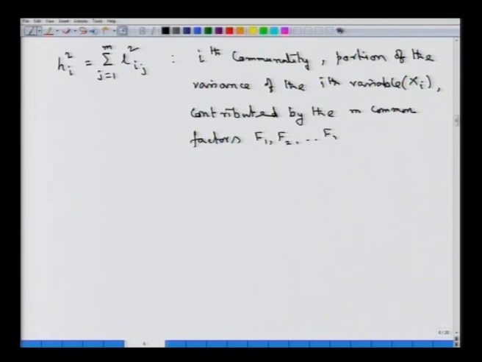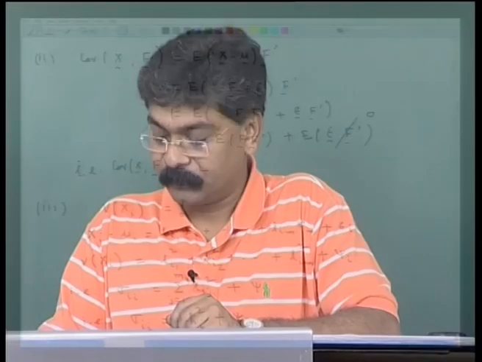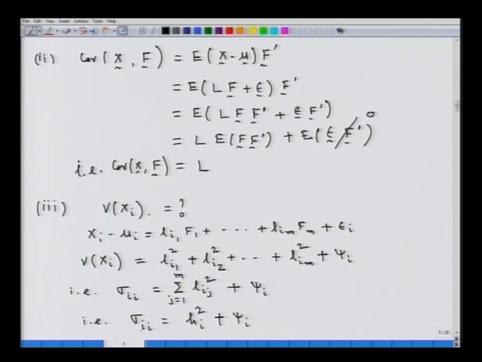So these are the m common factors, and hi square measures the portion of the variance of the ith variable that is contributed by or can be explained by the m common factors, which are f1, f2, fm. The portion of the variance that the common factors cannot explain goes as the specific variance of the ith specific factor epsilon i, which cannot be captured through the introduced unobservable common factors, right. So this is an important, workable equation: sigma ii equal to hi square plus this psi i factor.